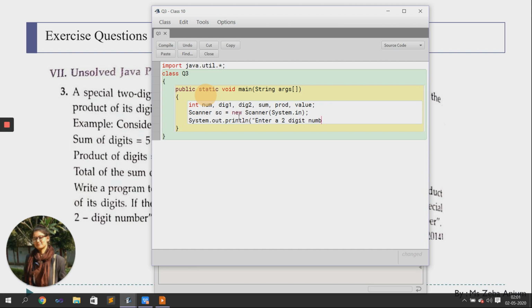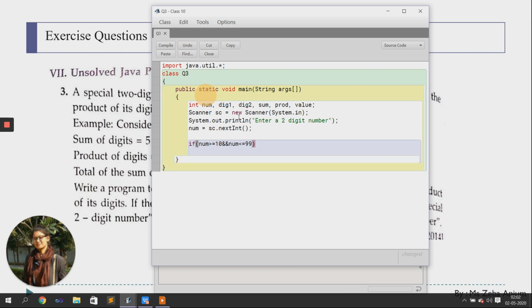Enter a 2-digit number. Now receive that number: sc.nextInt(). Okay, now it is always better to check whether you have entered a perfect number or not, that is, whether you have entered a 2-digit number or not. So firstly we are going to check that your number is greater than or equal to 10 and your number should be smaller than or equal to 99.